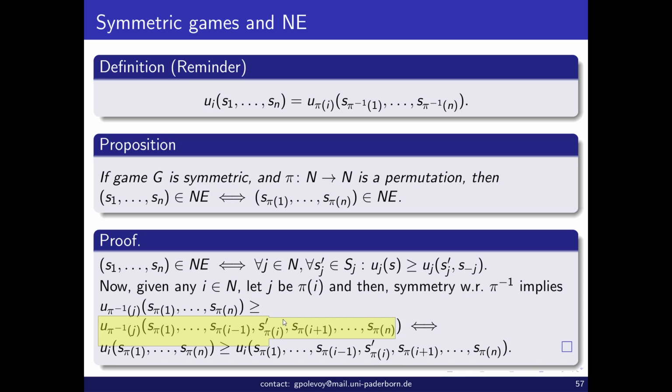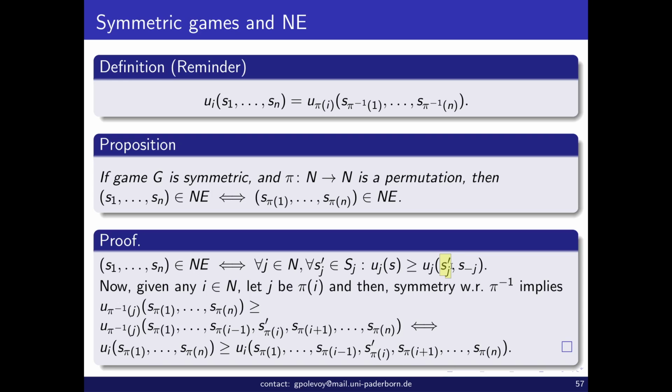Now what's that? The same, only that in the original inequality we see that Sj has changed to something else. We call it in the new profile the deviation Sj prime.